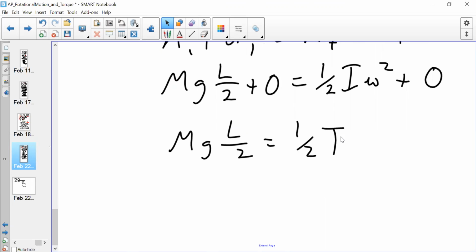So we have I, and we know that omega is just going to be V final over the radius, which is L/2. And so we can solve for V final. And we know what the moment of inertia is. We can put that in there and cancel out our M's and all that stuff.